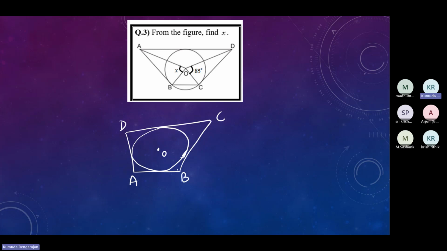AB is a tangent to the circle. BC is also a tangent. CD is a tangent. AD is a tangent. So when a quadrilateral circumscribes a circle, we say that the sides of the quadrilateral are tangential to the circle.